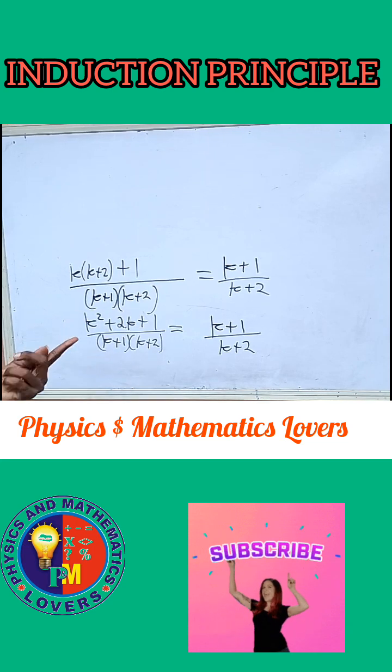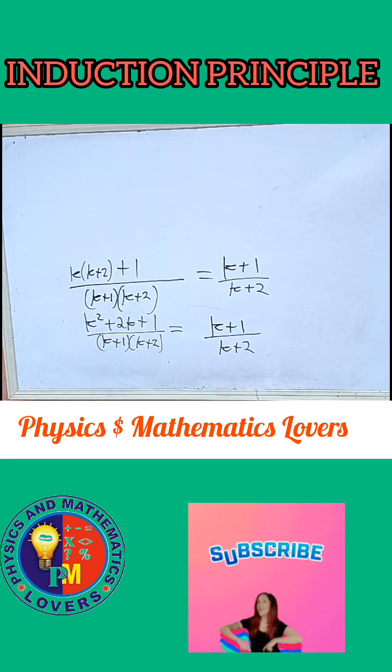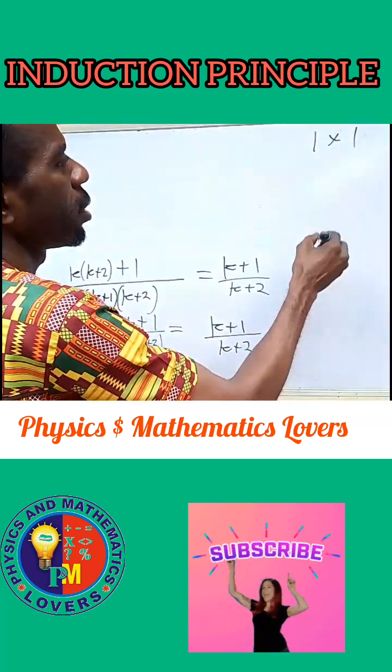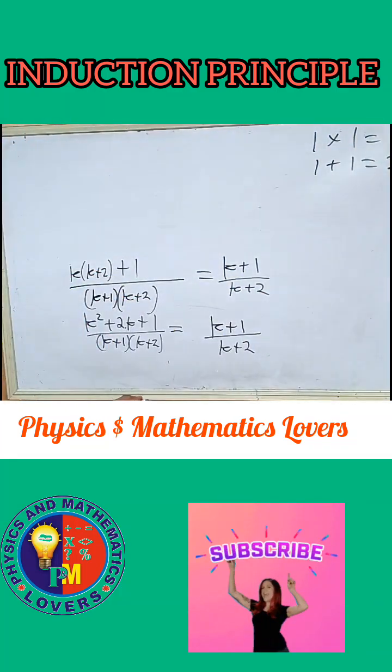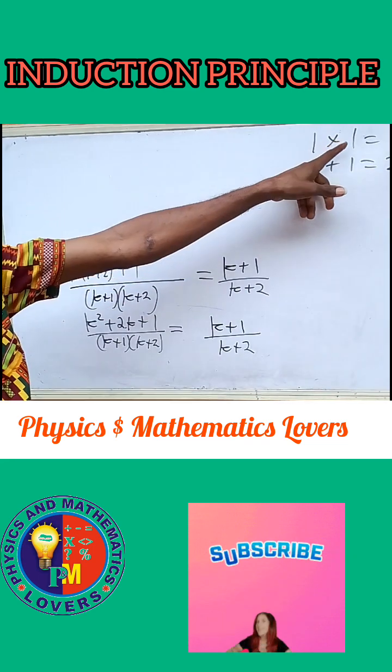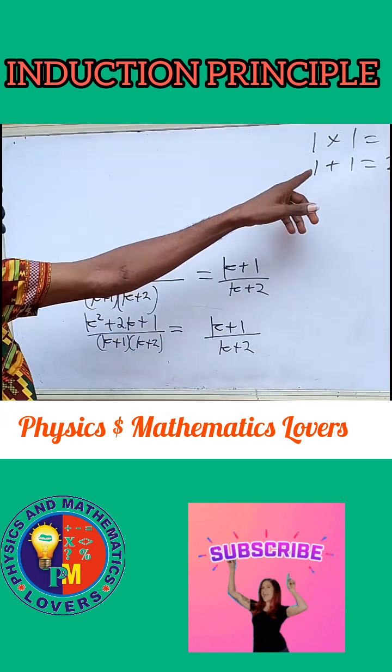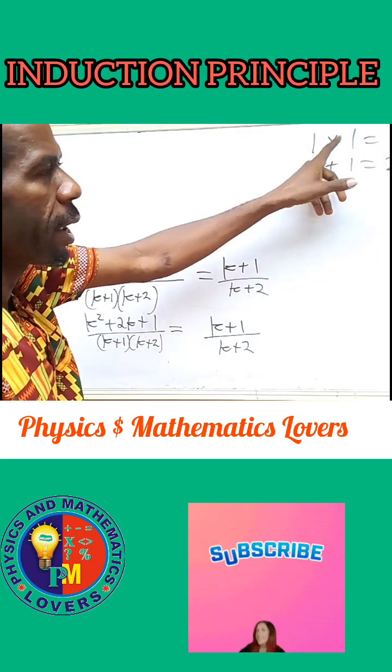Meaning that if I have two numbers that I will multiply together, that will give me 1, then when I add the two of them together, it will give me 2. Which means we have 1 times 1, then 1 plus 1 is equal to 2. 1 times 1 is equal to 1. So remember in algebra, we use letters to represent numbers.